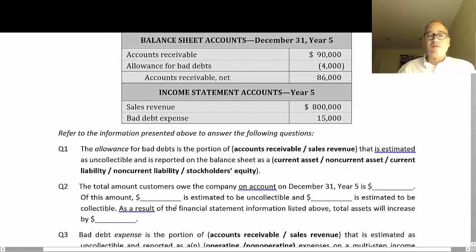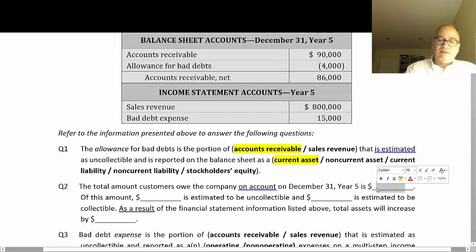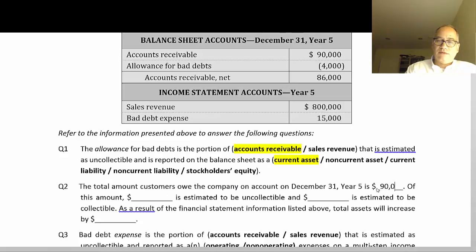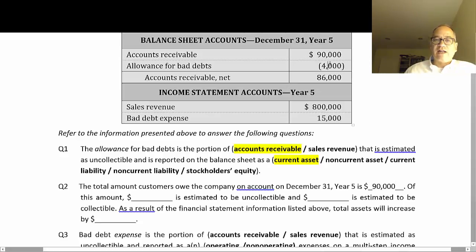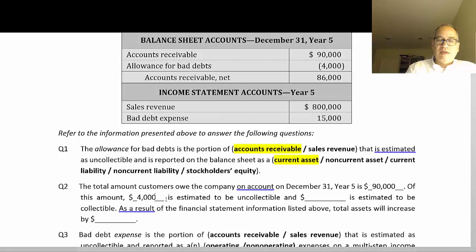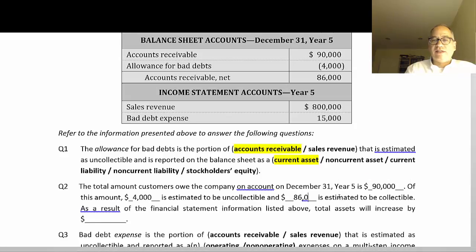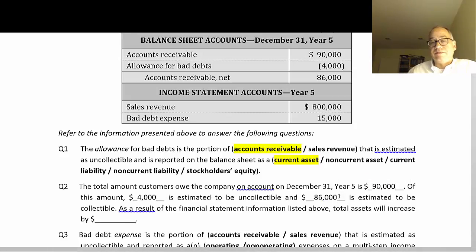Let's go over it. The allowance for bad debts is the portion of accounts receivable that it's estimated is uncollectible, and it's reported on the balance sheet as a current asset and not one of these other things. Total amount the customers owe this particular company is $90,000, and of this amount, $4,000 is expected to be uncollectible, and therefore 90 minus 4 is $86,000 is expected to be collectible.